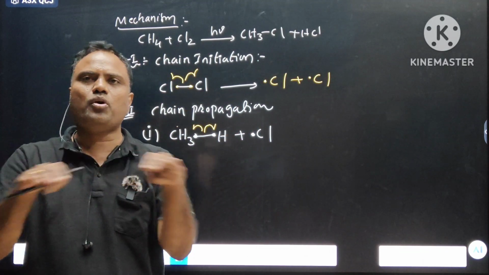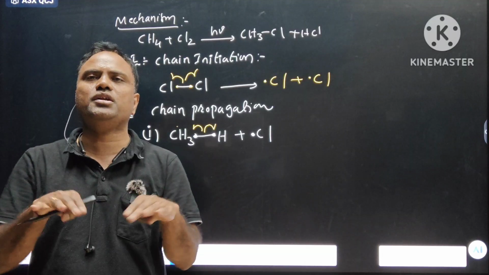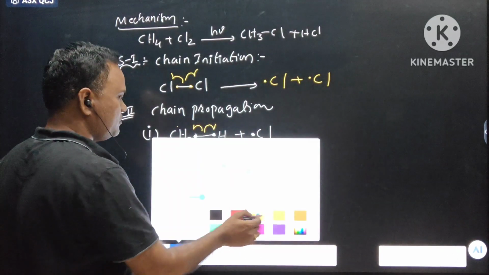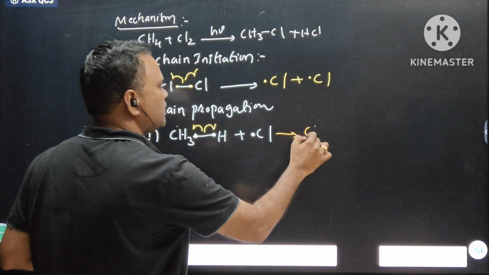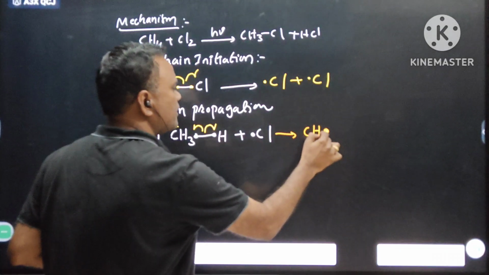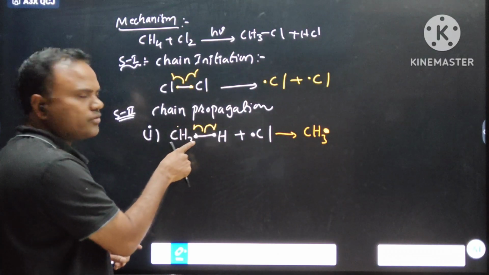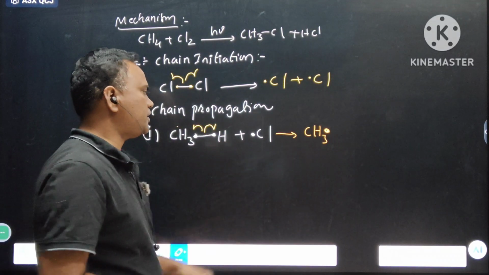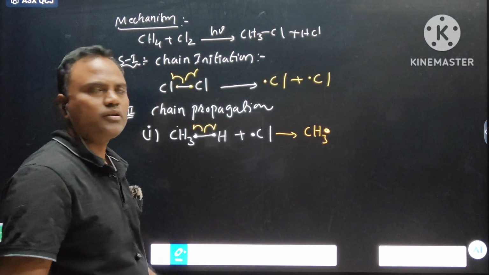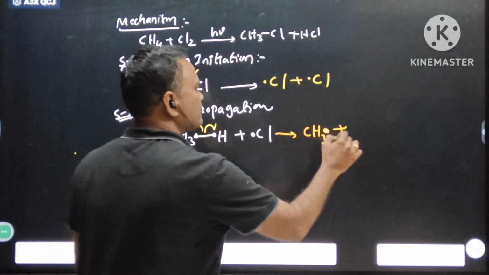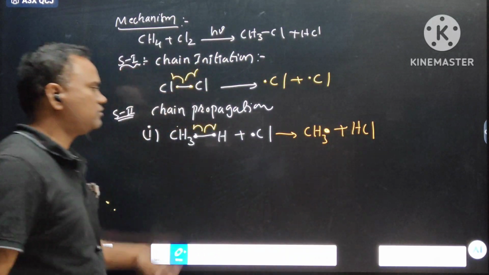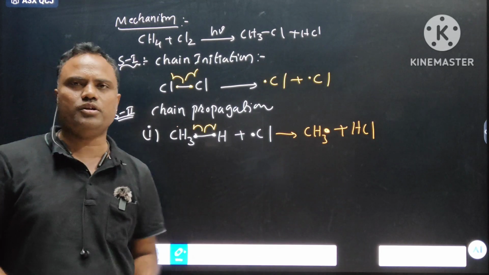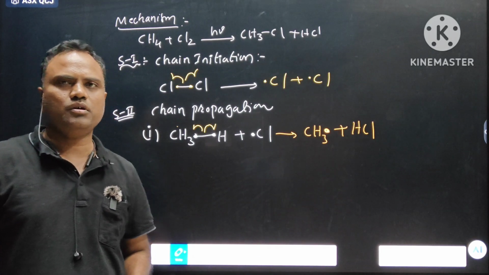Then the carbon hydrogen bond in methane undergoes homolytic cleavage, leading to the formation of methyl radical. See, this methyl is getting one electron. H dot and Cl dot, what will we get? HCl. This is propagation 1. Okay. Next.